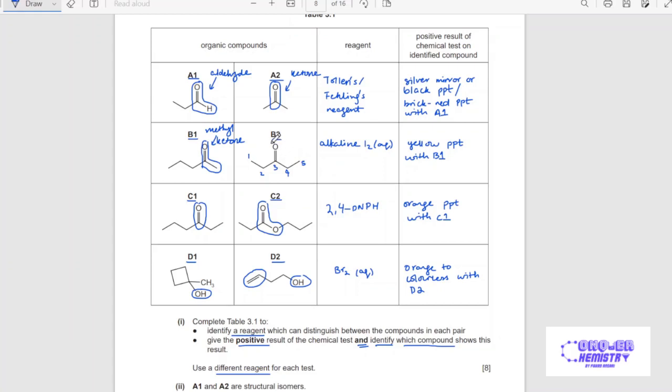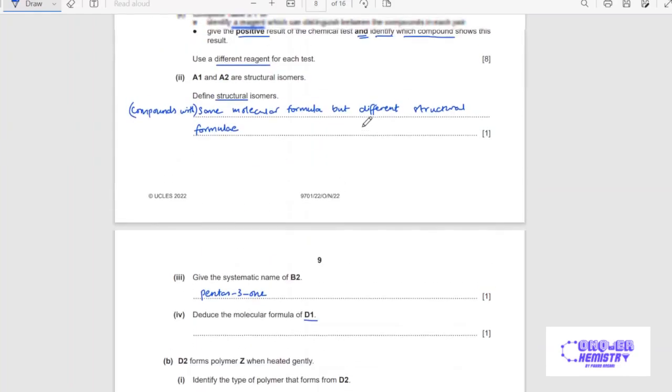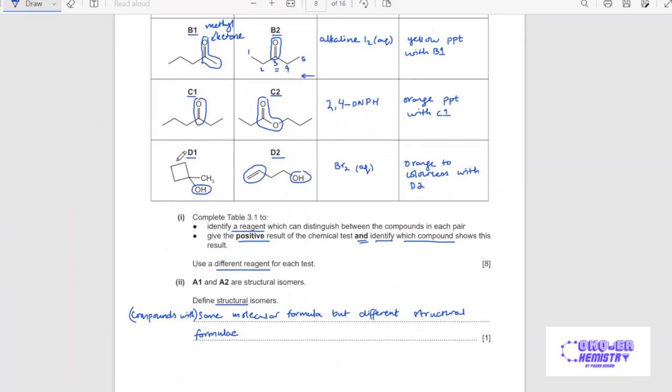And because the carbonyl group is bonded to carbon atom number 3, and if you start counting from the right to the left, you're going to get the same number 3. So that's going to be pentan-3-one. You have to identify the location of the functional group. Pentan-3-one. Deduce the molecular formula of D1. Go back up again. D1.